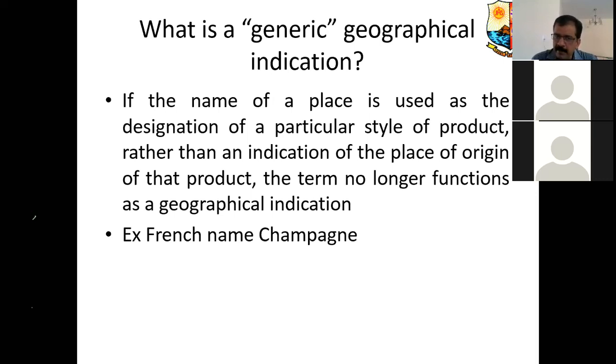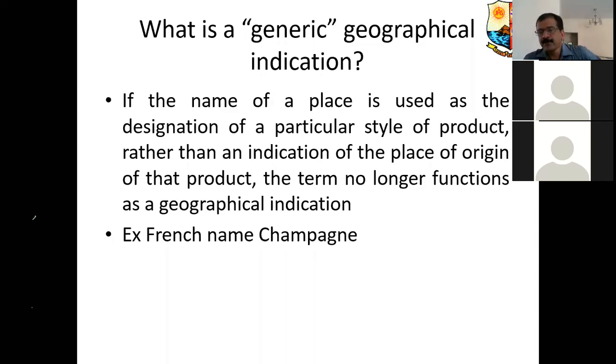One example: champagne is the GI item of France. It is a French name. Champagne means French product. But in the USA, most of the wines are also called by the generic name champagne. Therefore, for generic geographical indications, the term no longer functions as a geographical indication.